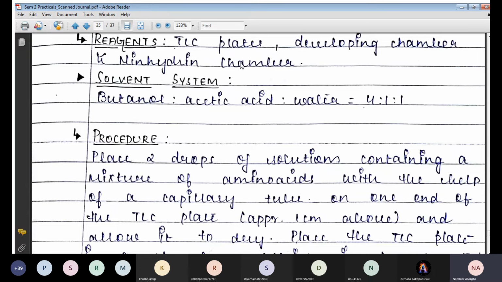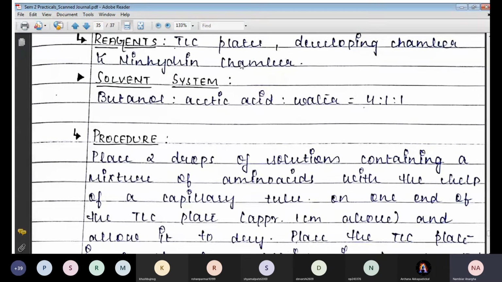We pour that ninhydrin solution into a petri dish, and the dried TLC plate is dipped such that the whole plate is immersed in the ninhydrin solution, and then we take the plate out of the solution.